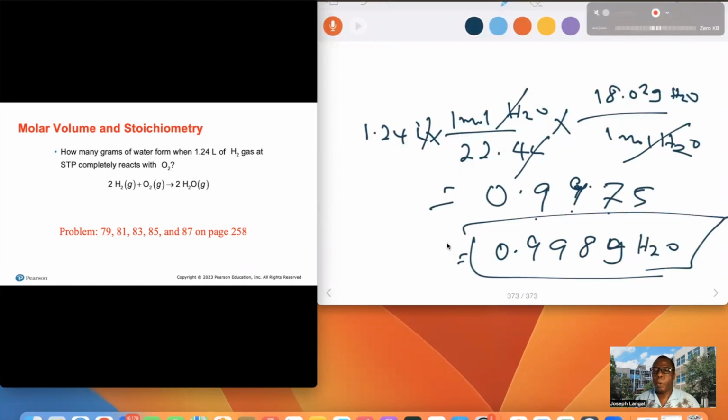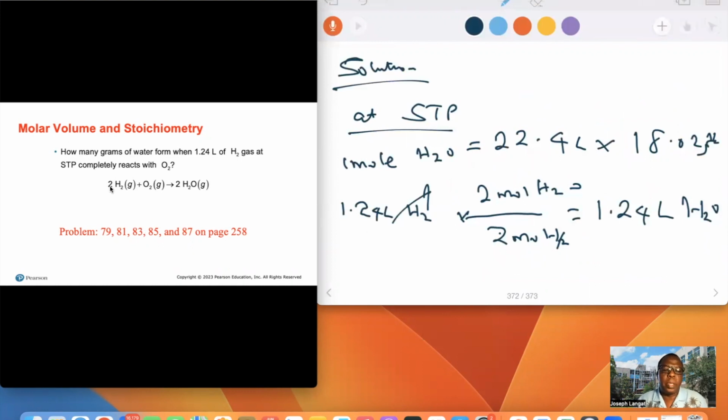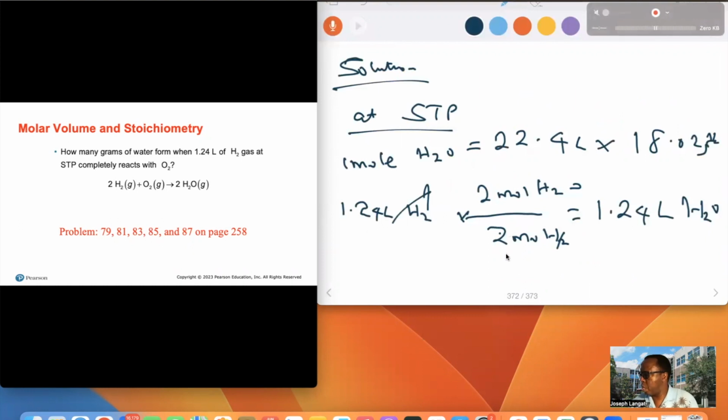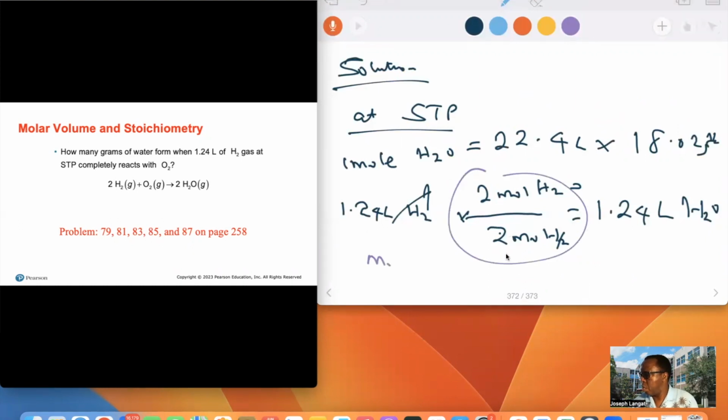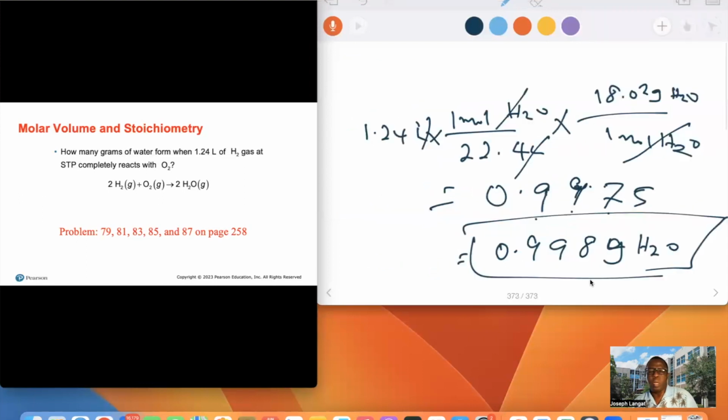Here we use the condition at STP and the mole ratio in the balanced equation to find the mass of H2O produced.